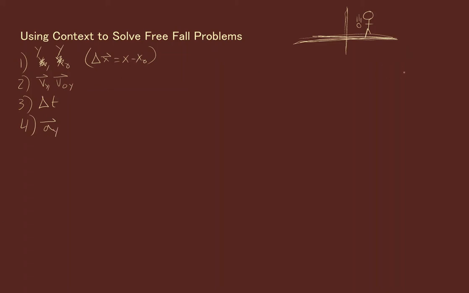And we can just pick and choose if we want the vertical axis to be positive upwards, or maybe it's easier if we just make downwards positive. That, of course, would make upwards negative. It's whatever works for you. I just try and pick whatever is easiest. If the object is only going downward, that's when I would probably make the downward direction positive.